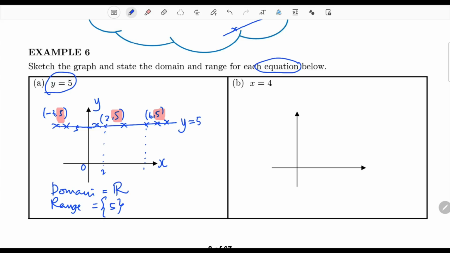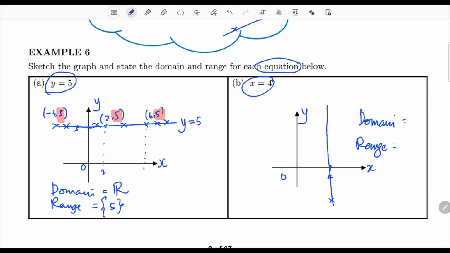Similarly for B, label the x and y axes and the origin. This is the value for x. Find your x equals 4, so that will be the line. What is the domain, what is the range? Give a good guess.